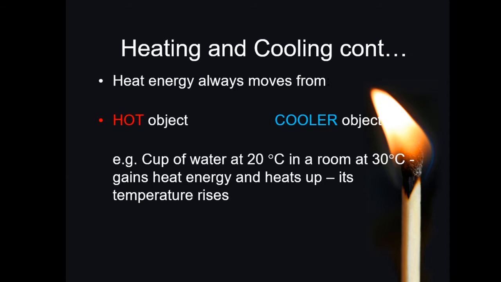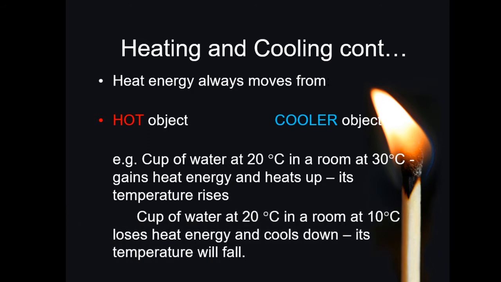As I have discussed earlier as well, if you have a cup of tea in a room at room temperature, that hot tea will eventually reach room temperature. So a cup of water at 20 degrees Celsius in a room at 10 degrees Celsius loses heat energy and cools down. Its temperature will fall, right? I think we have discussed this earlier.